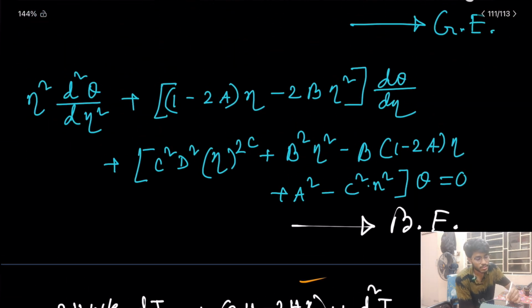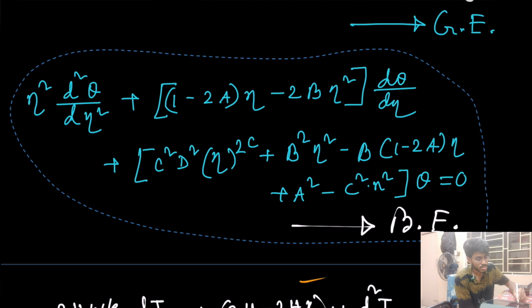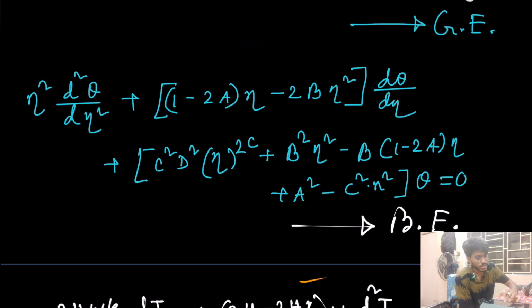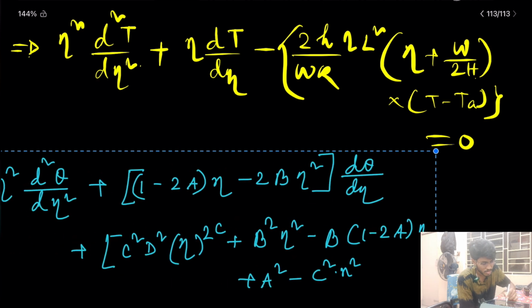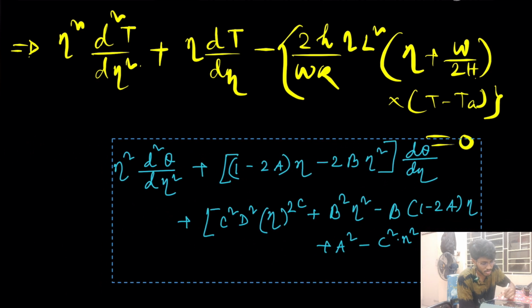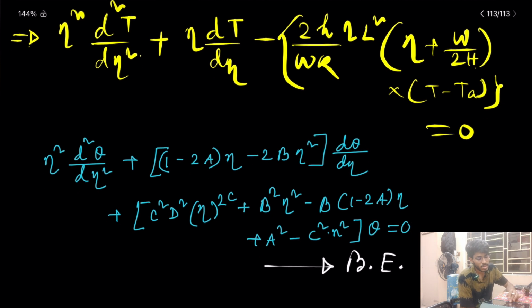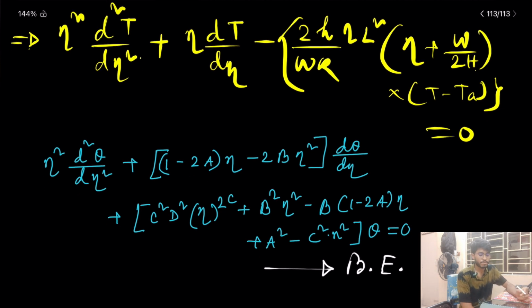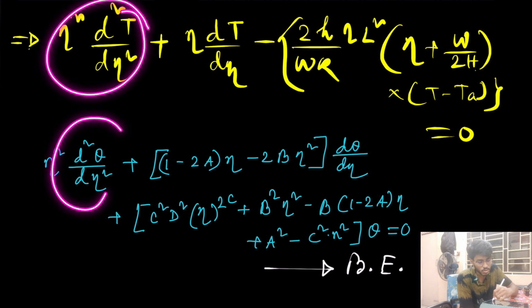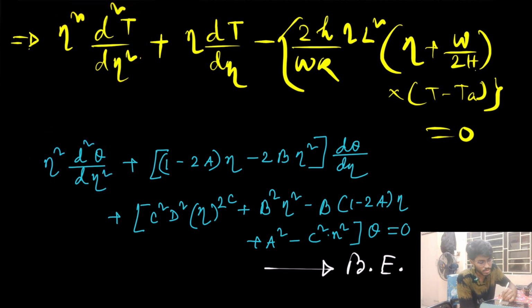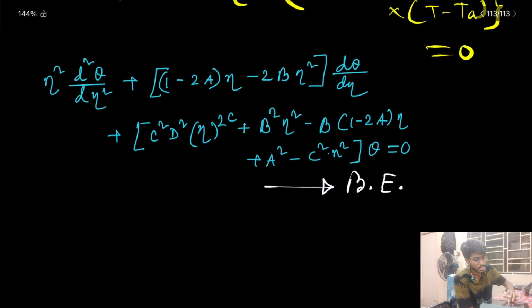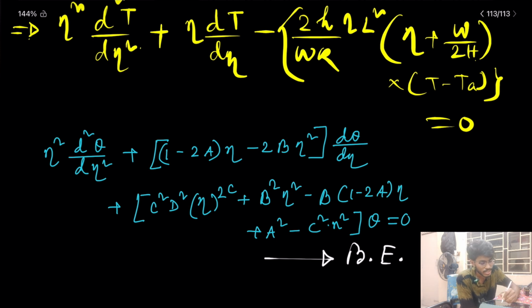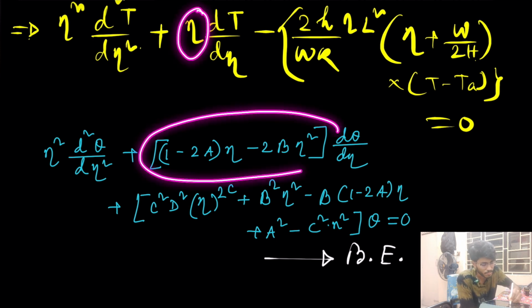Okay, let me again copy the Bessel equation. Okay, so now can you compare it? See here, this term is totally the same, and from this and this, what can you say? See this carefully. So I can say that this eta is equal to this term.